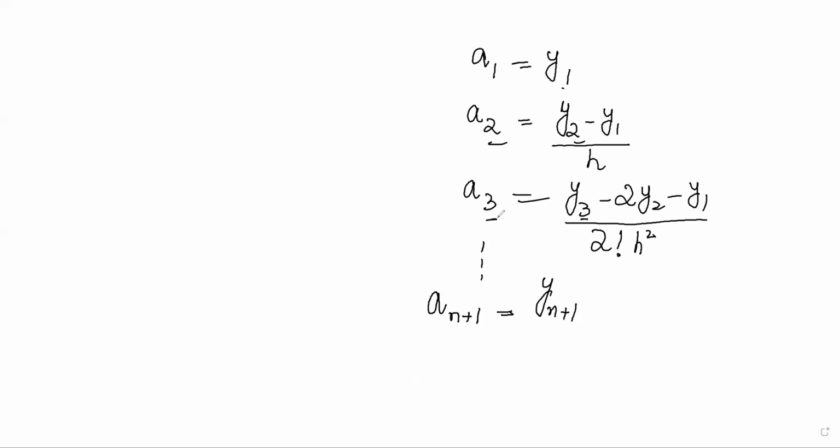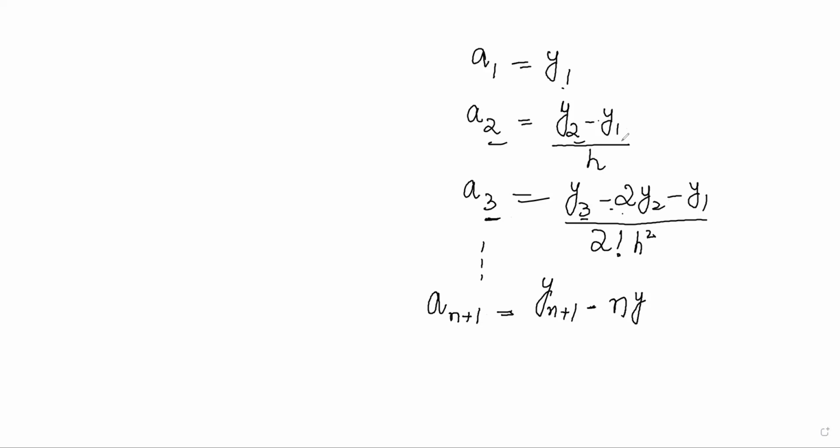When you had a3, you had minus 2y2. So you have a_{n+1} y_n minus, so you have 3, you have 2, you have n plus 1, here it will be n, n y, here you have 2y2, here you have 1y1.